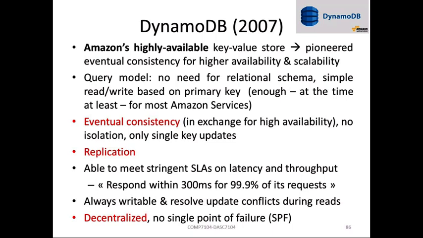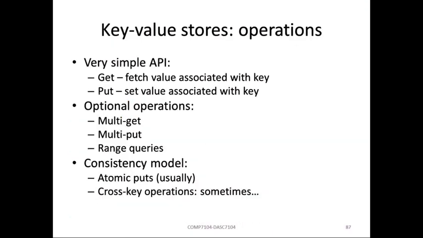So this was one of the key features of the system, I would say. It was based on a decentralized architecture and no single point of failure. And we'll clarify next what this decentralized architecture is. So the main features of a typical key value store, it applies to DynamoDB, but not only, would be the following.